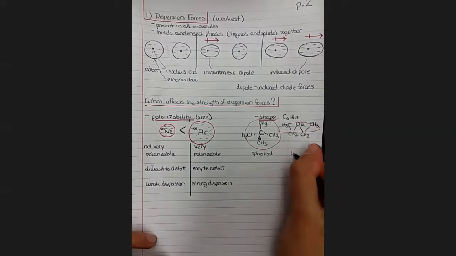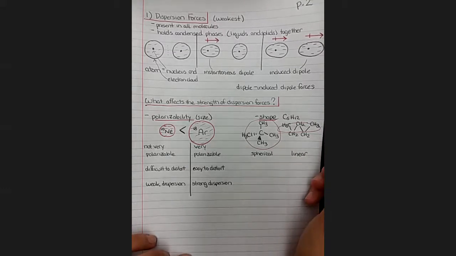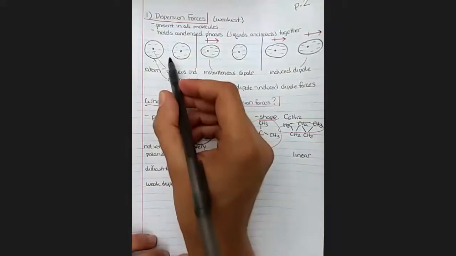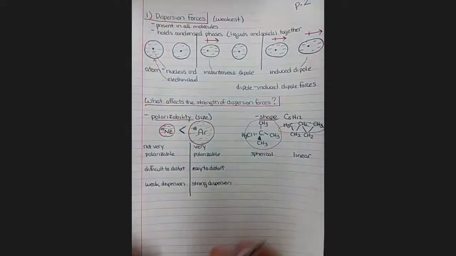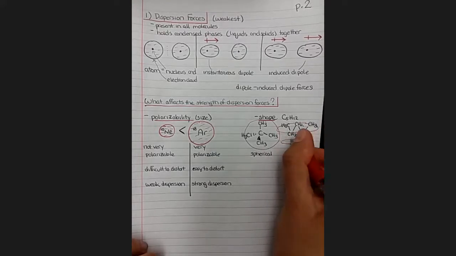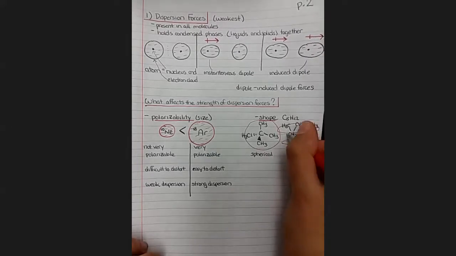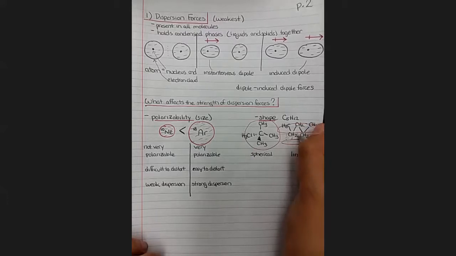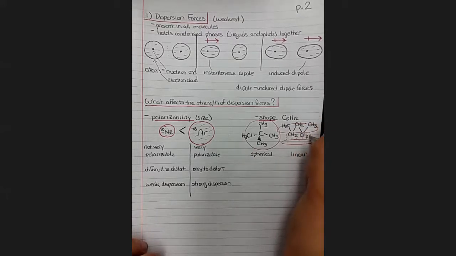So we could say this one was more of a linear shape. And the difference between these two, if you picture an identical molecule right next to it, if we had two of these really linear molecules right next to each other, there's a lot of surface area where they can contact each other because they're so long.